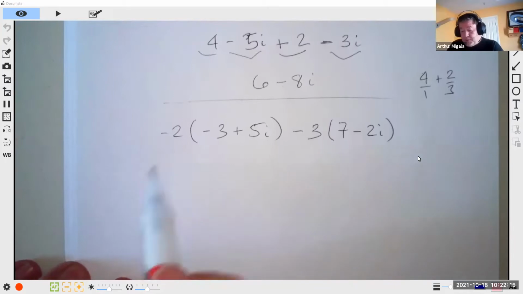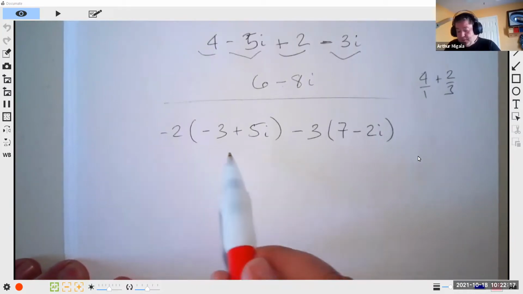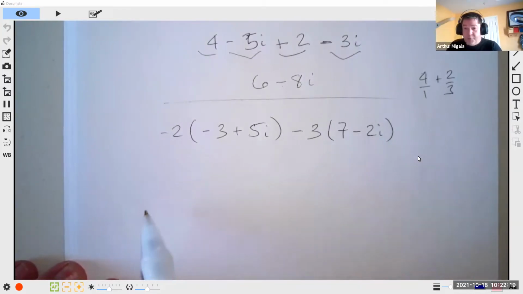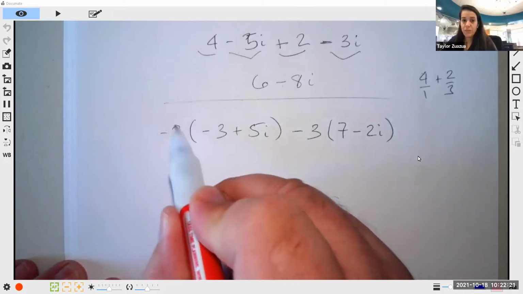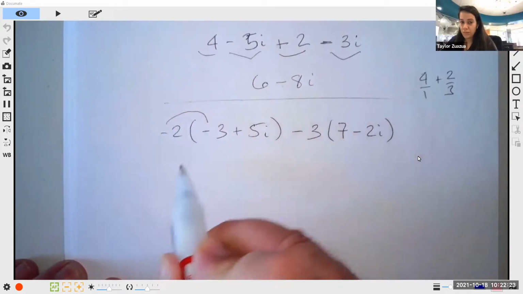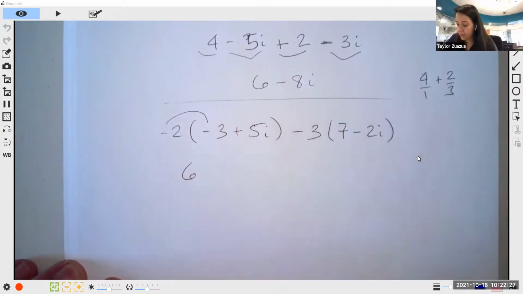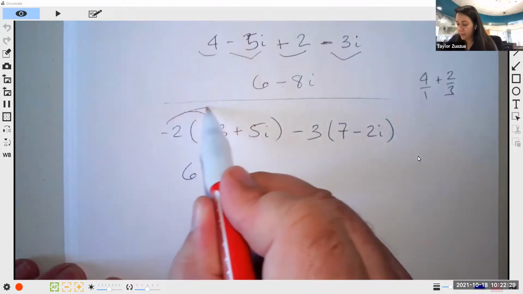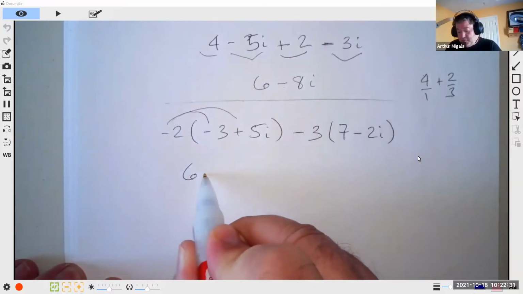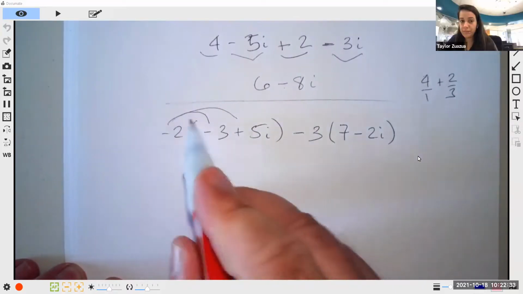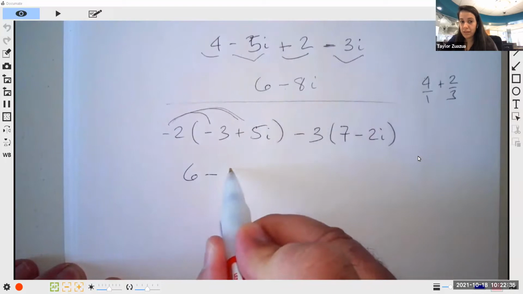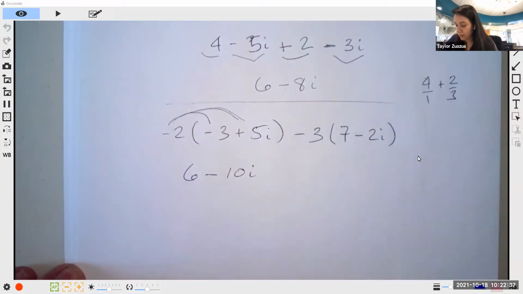Gotcha. Yep. We can't do anything inside, so we have to get rid of the parentheses. Negative times negative is a positive. 2 times 3 is 6. Negative times positive is a negative. 2 times 5, 10i.